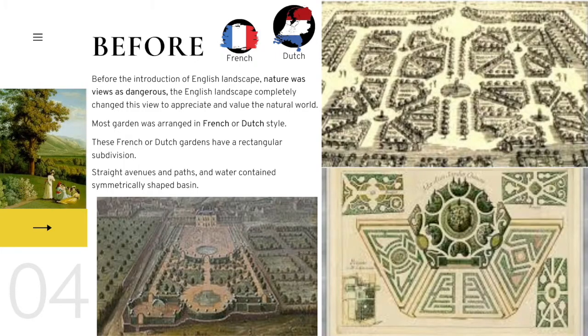philosophy? Because before the introduction of the English landscape, nature was viewed as dangerous. When the English landscape garden style was introduced in that era, it completely changed this view, and it made people appreciate and value the natural world more, because most gardens were arranged in French or Dutch style, as you can see in the picture on your right side.